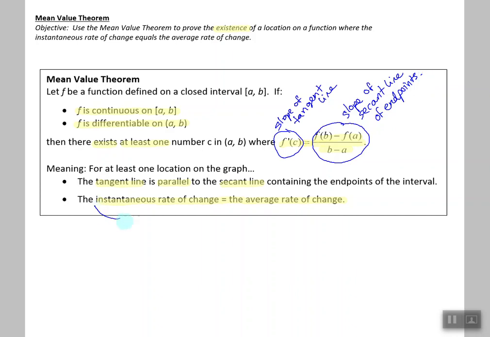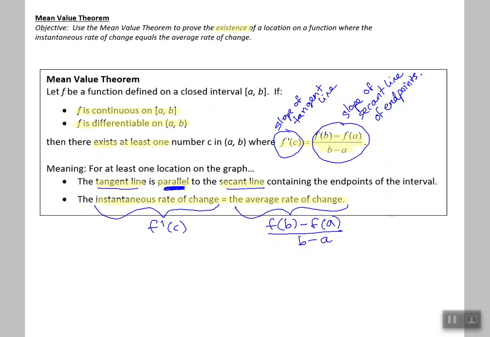The instantaneous rate of change, that is our derivative, and the average rate of change, that is our change in y over change in x over an interval. Slope at one point, tangent line, versus slope over an interval, secant line, and those slopes are the same.